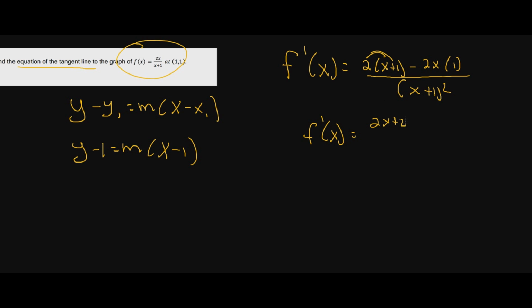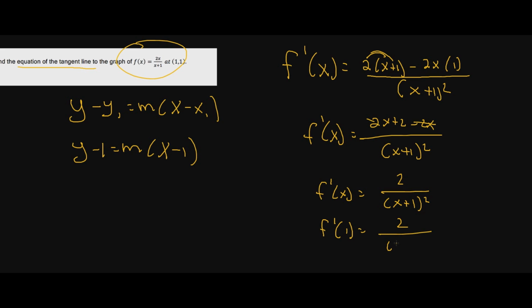We get 2x plus 2 and minus 2x, all divided by x plus 1 squared. These cancel. And we're going to get 2 over x plus 1 squared. Now let's plug in 1 and get our slope. 2 over 1 plus 1 squared. 2 over 2 squared. So 2 over 4, which is 1/2.